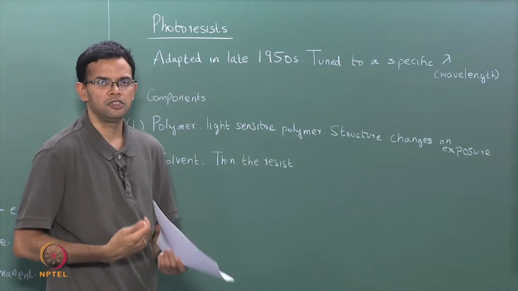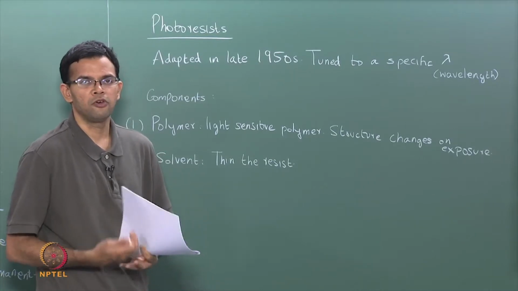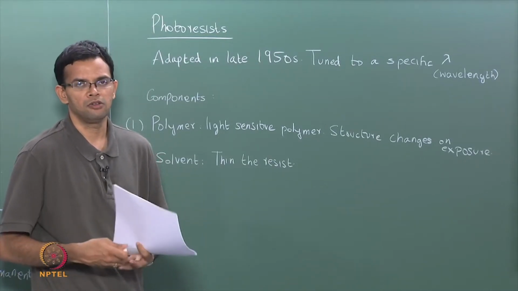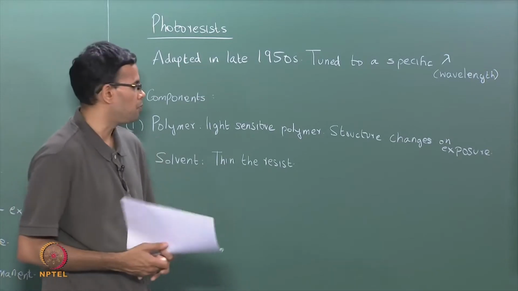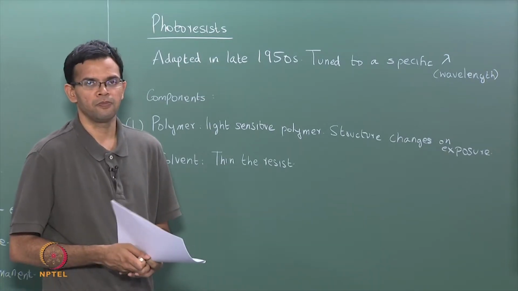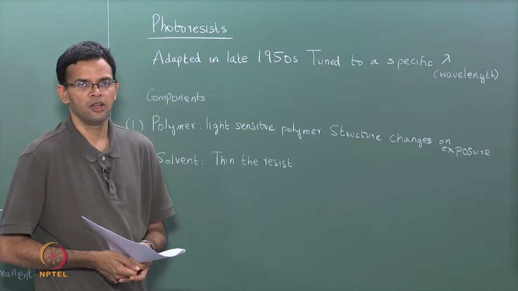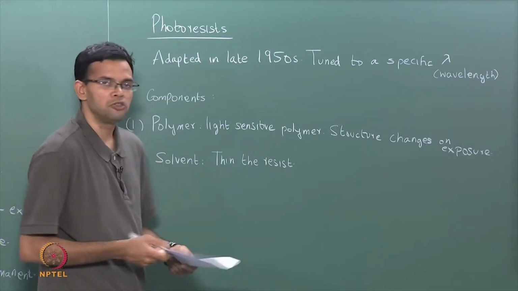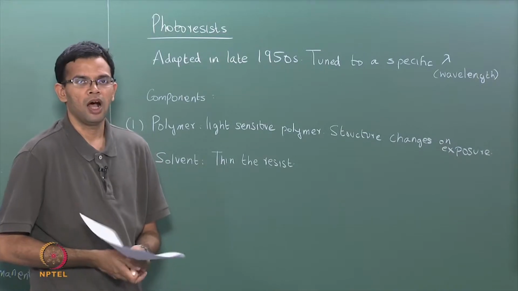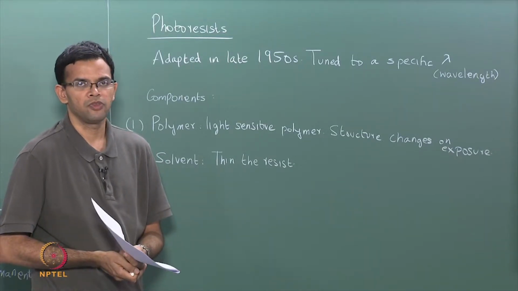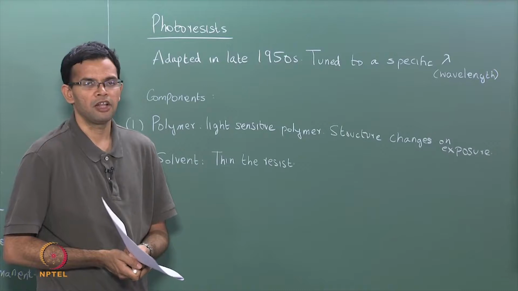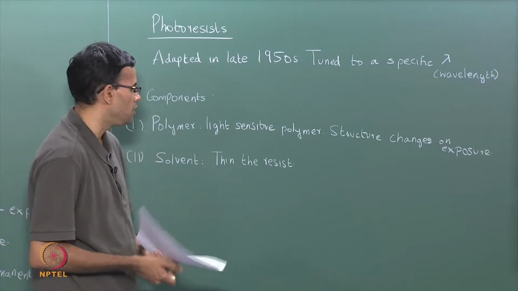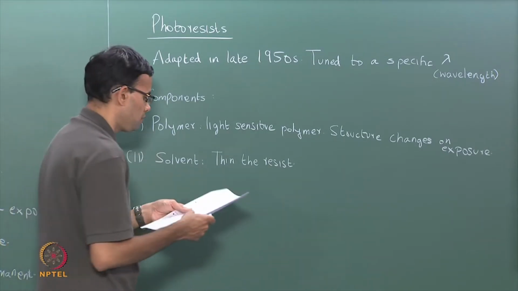So a solvent is used to enable the photoresist to be applied onto the wafer. Usually a process called spin-on is used for applying the photoresist. We will see that later how that works, but a solvent is used to thin the resist. After applying the photoresist, usually it is baked somewhere around 100 degrees C for a few minutes to remove the solvent.